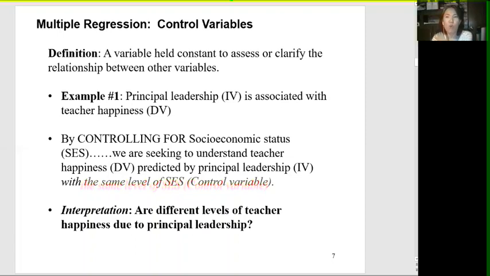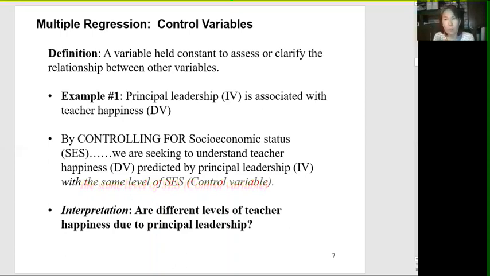So, the role of control variables. You have reasonable X variables in your model to explain the variance of Y. And you have an independent variable that you are interested in, and also multiple control variables.